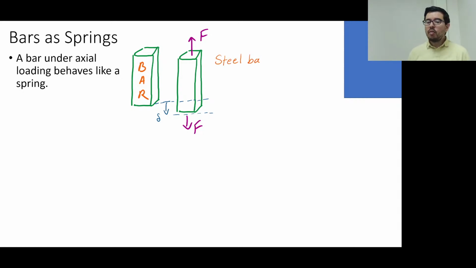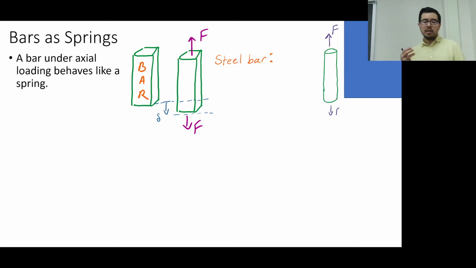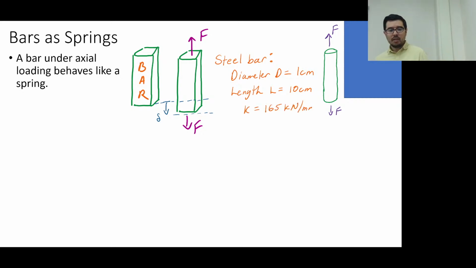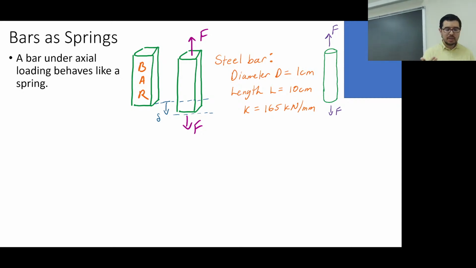And we won't do the exact derivation of this spring constant, but you will be able to do this exact derivation next week. If I have a steel bar and it has some diameter and some length, I can assign it a spring constant or coefficient. Some people like to say spring coefficient, some say spring constant, some say spring rate, all the same.